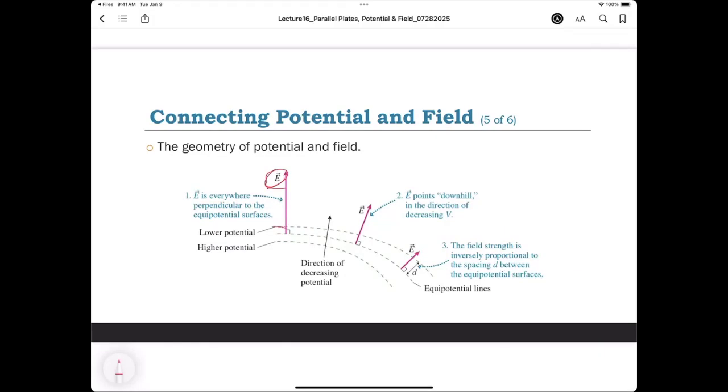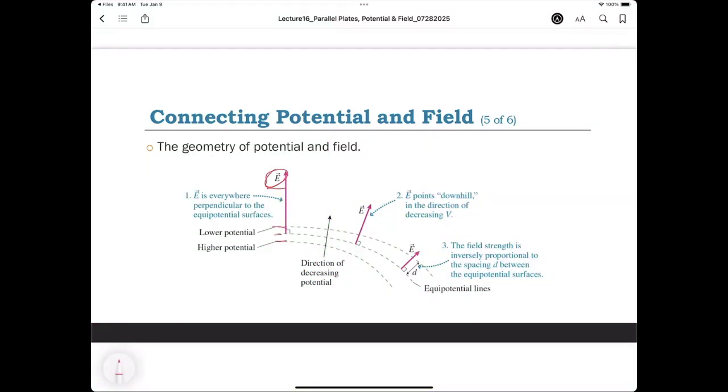This is lower potential, this is higher potential, and this is the direction of decreasing potential, because this is lower and this is higher. And the electric field points downhill, in the direction of decreasing V.